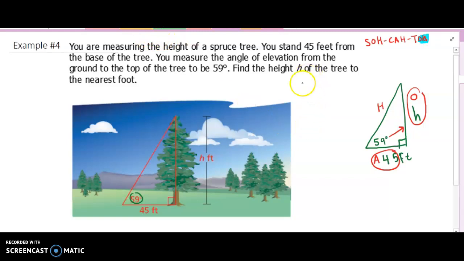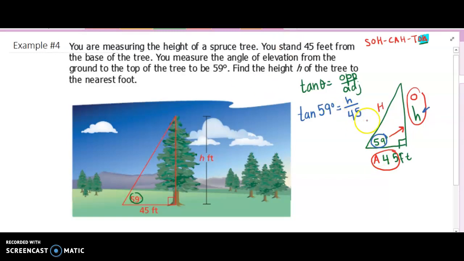Okay, so I know that the tangent of theta equals opposite over adjacent. Okay, now it's just a matter of plugging it in. So tangent of, well, I know my angle measures 59 degrees. So tangent 59 degrees equals, my opposite is just my H, that's what I'm trying to solve for, over my adjacent is 45.